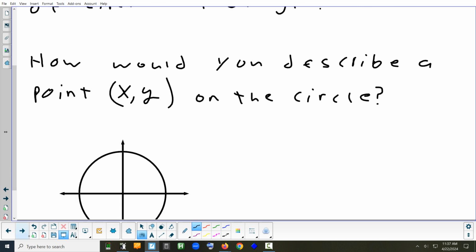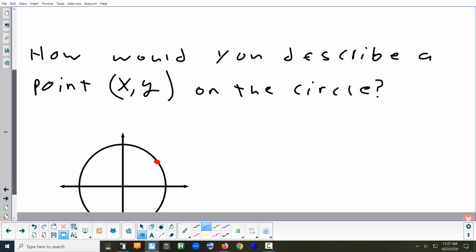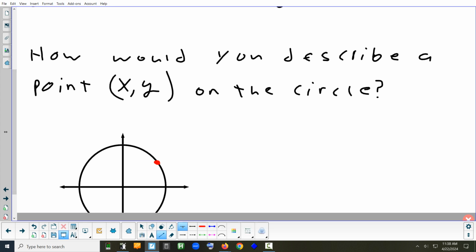Okay, let's describe the spot right there. I want to describe that point in terms of how far right and how far up I'm going. So what shape do you think I could draw here that would help me to see that? Triangle. Yep, I'm going to draw a triangle. Draw a line to the origin.